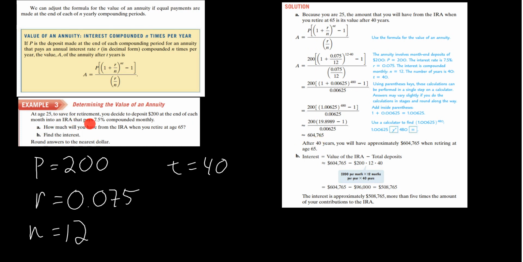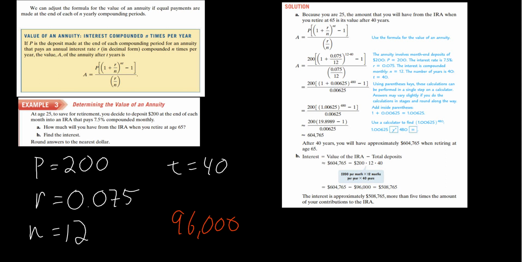Okay, so if we put in $200 at the end of each month, right? Well, $200 at the end of each month, and then we can do, pretty sure it's over there in the white part, but if we did $200 each month, so $200 times 12 and then times 40 would get us $96,000. So in total, in 40 years, we have put in $96,000.